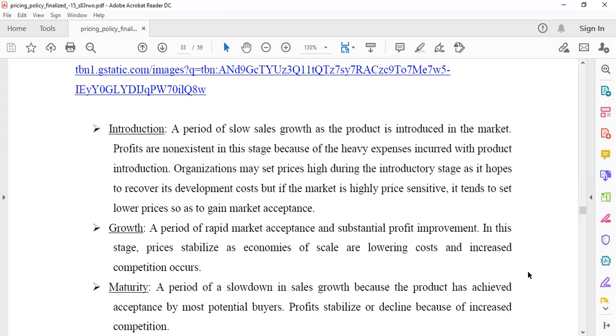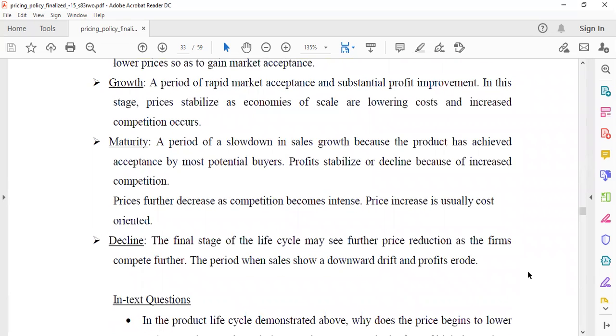If you maintain a very low price, you begin to give an impression of being of lesser quality. So prices stabilize across the industry to reflect what other competitors are doing. And then at maturity, the growth in sales begins to slow down.